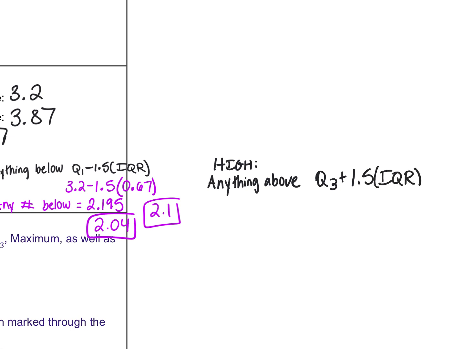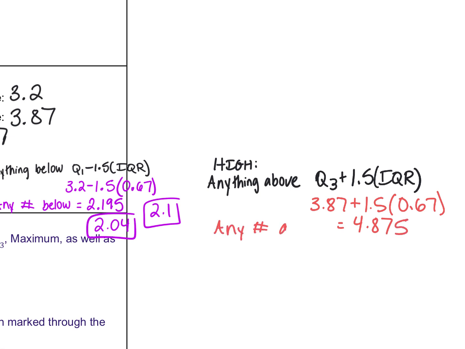What is my Q3? 3.87 plus 1.5 times my IQR, 0.67, good. And what is that? 4.875. So once again, I'm looking for any number above this number.